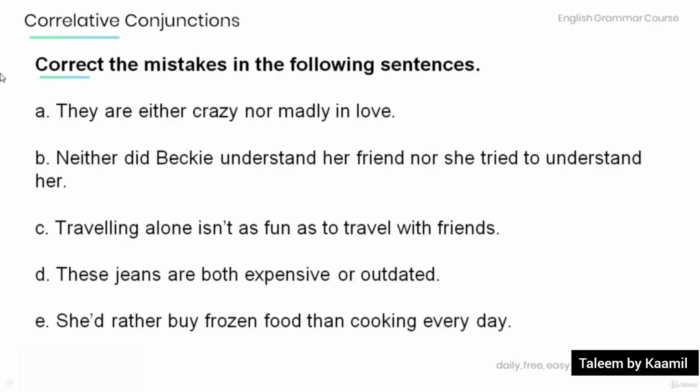And now, time for you to practice on your own. Read the following sentences and correct the mistakes. A. They are either crazy nor madly in love. B. Neither did Becky understand her friend, nor she tried to understand her. C. Traveling alone isn't as fun as to travel with friends.